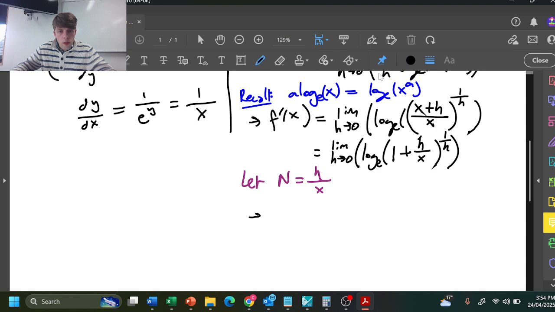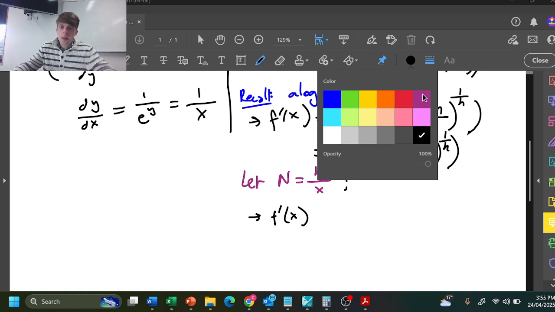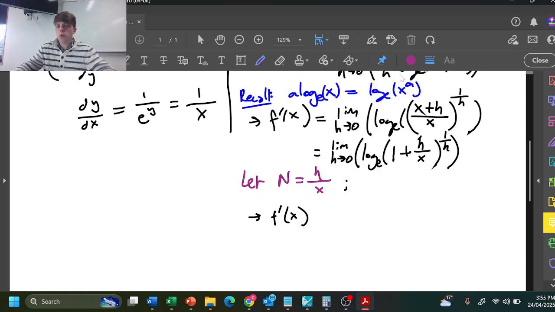So therefore, for the derivative, I'm just introducing a bit of a change of base here. Let's write this in terms of everything here. If we have h over x, that's just going to be n, right? This 1 over h, what will that become? Well, if n is equal to h over x, h is simply equal to n times x.